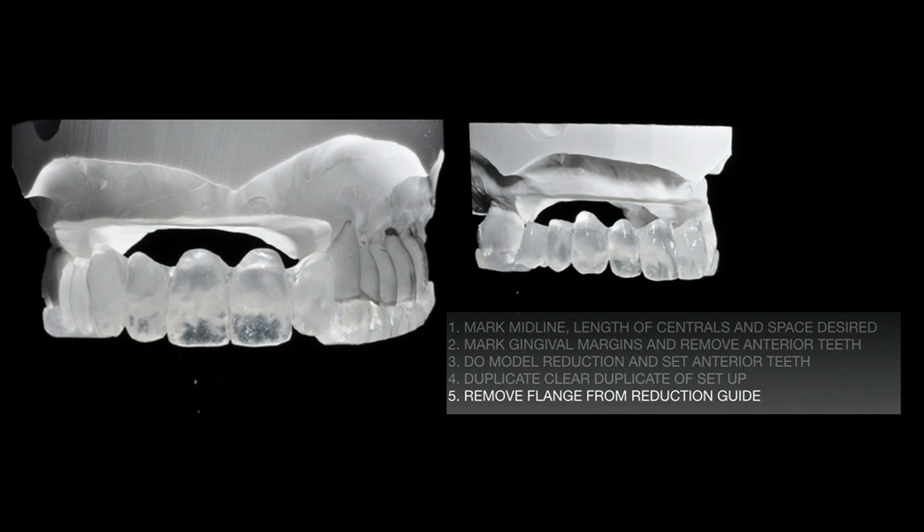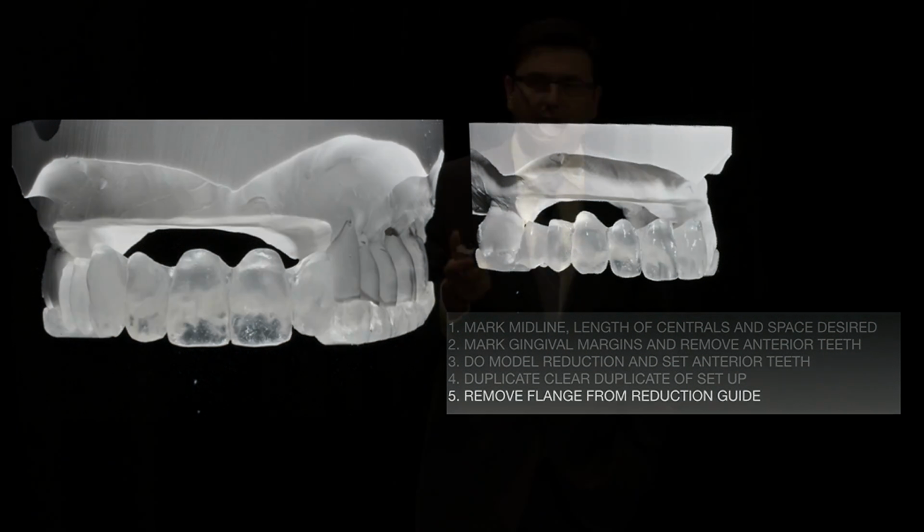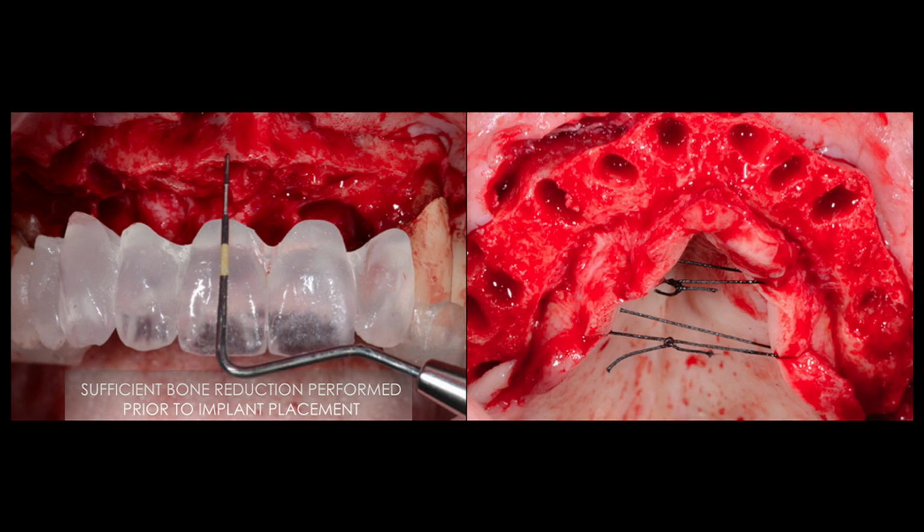And that amount has to be figured out by your prosthodontist, by your restorative dentist, and it has to be communicated to you somehow. That could be in any form, but at least a surgical guide or a bone reduction guide has to be created to allow the surgeon to place it in the patient's mouth and determine how much space, or how much bone, I have to remove to give the restorative dentist the space that he needs.